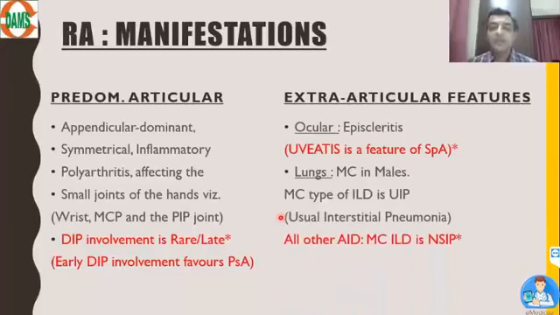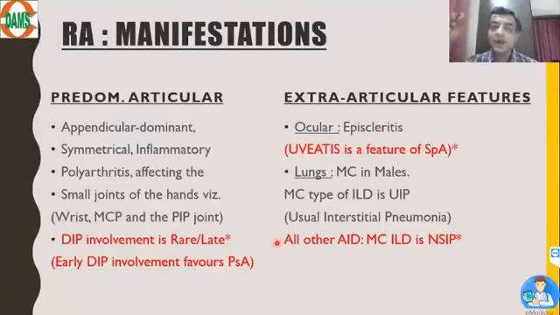And why is it important to remember? Important to remember because in all other autoimmune diseases, the most common type of ILD is NSIP. NSIP we have written when we discussed the topics systemic sclerosis and Sicca syndrome.